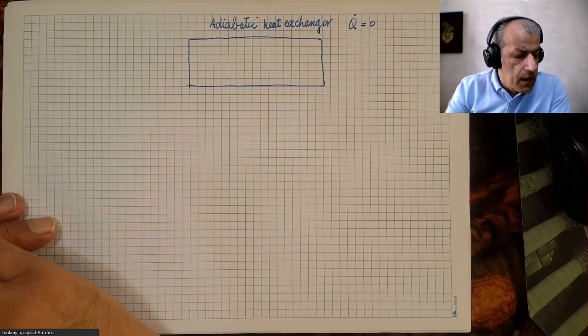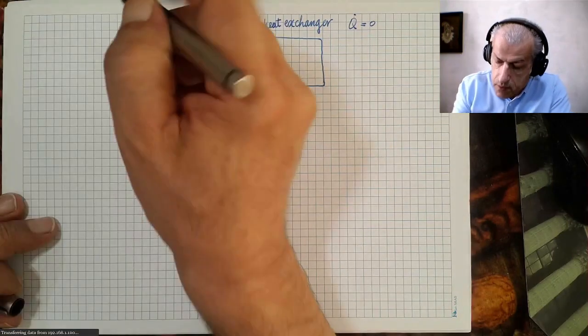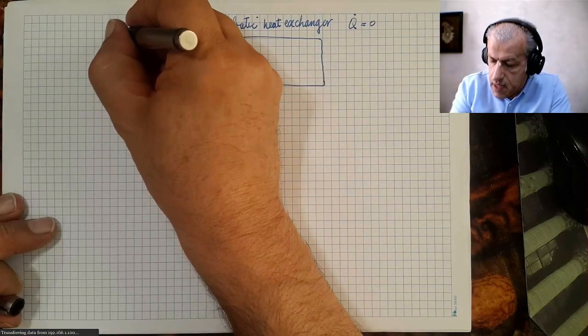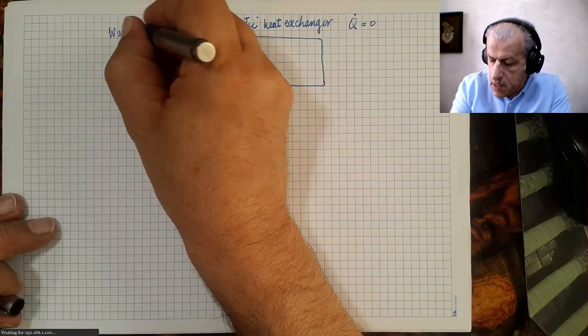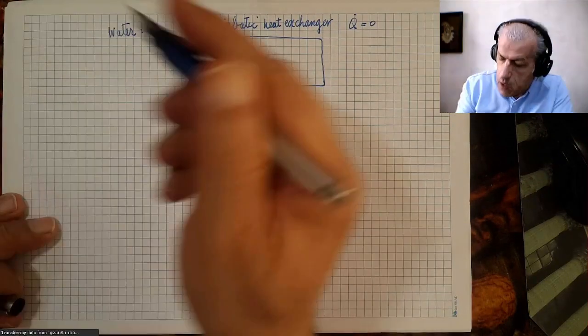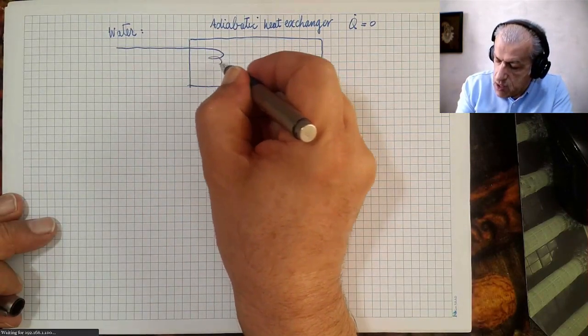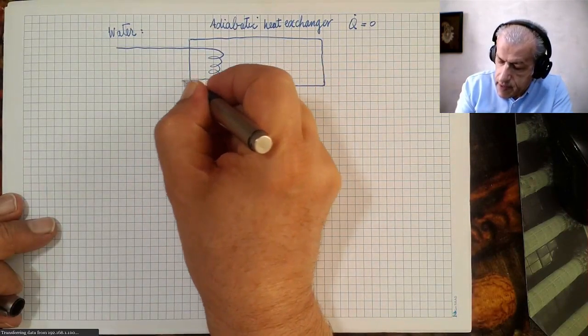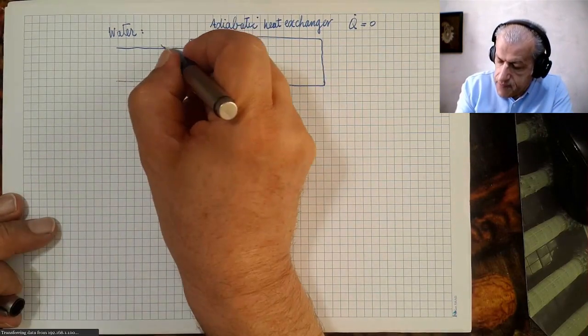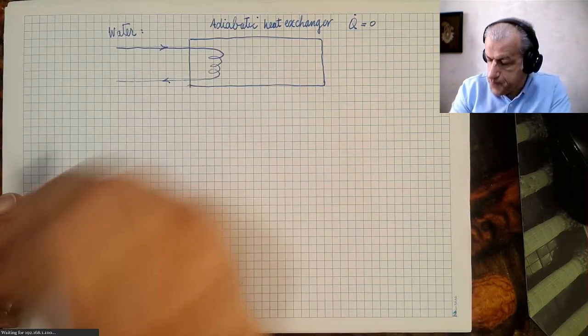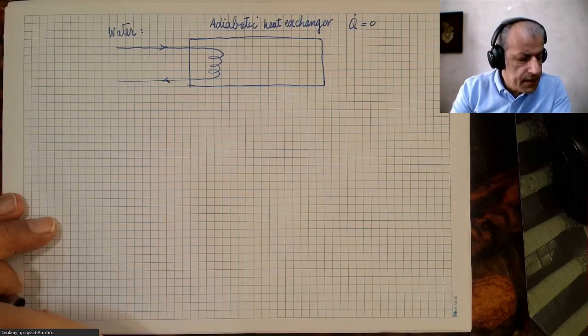Now, there are two sides to this heat exchanger. One side is water, where a stream of water enters the heat exchanger and leaves. Let's put it this way.